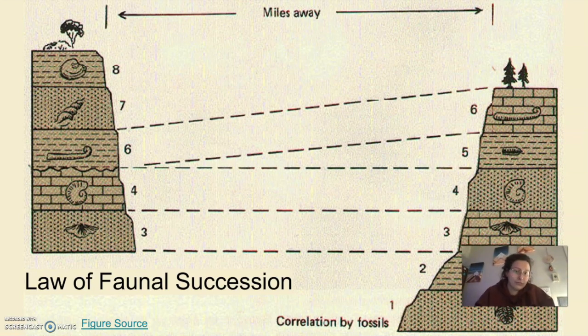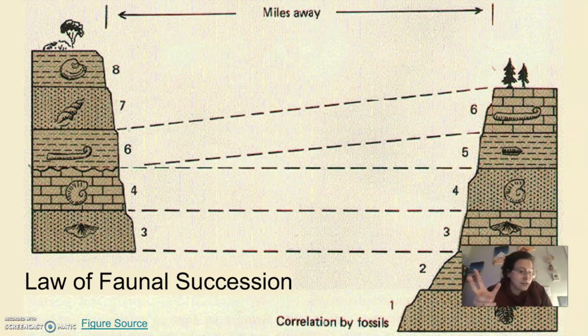A column of superposition, so layers from the bottom up, showing original horizontality. Most of these lines are relatively flat. We have faunal succession, showing faunal, meaning creatures, or fossils.